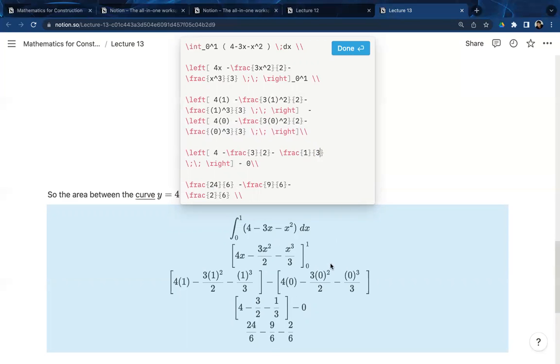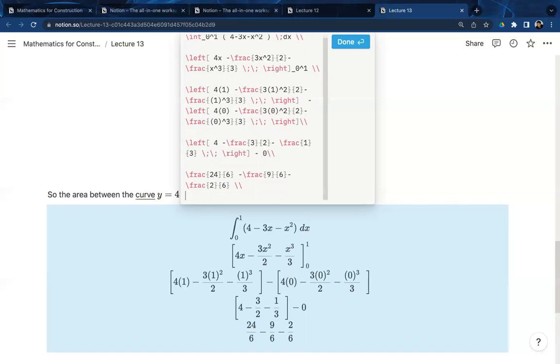So I just convert everything to 6, and then now I could just add these numbers together.